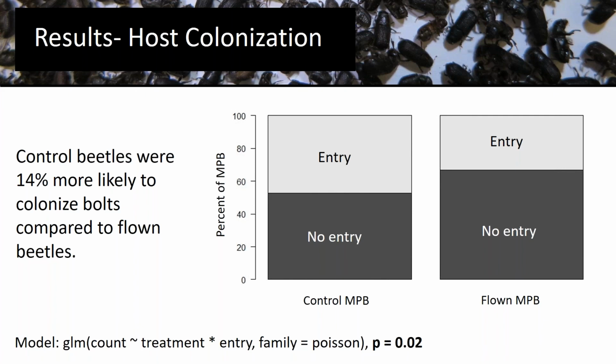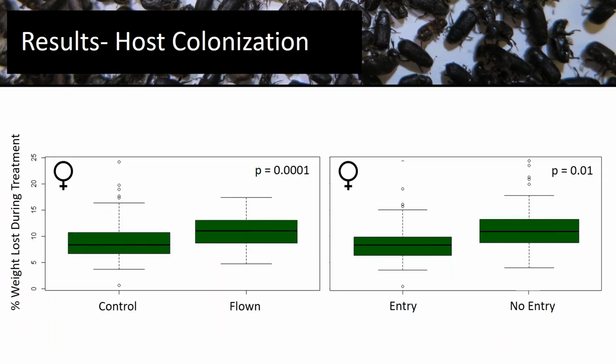Further, this effect seems to be driven by energy loss, as weight lost during the bioassay dictates the propensity to enter the host, with beetles that lost less weight being more likely to enter the host. And those, of course, were the control beetles that didn't have the opportunity to fly.